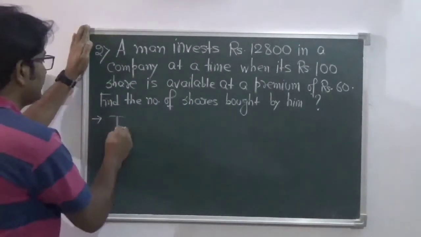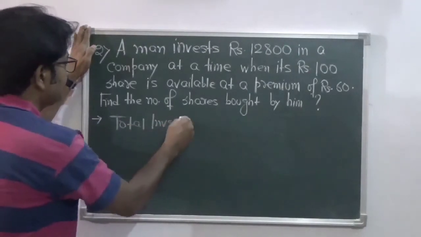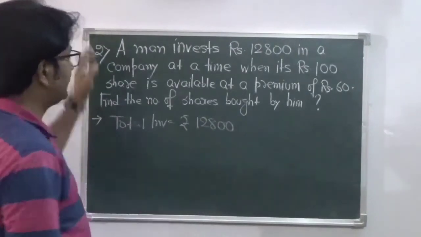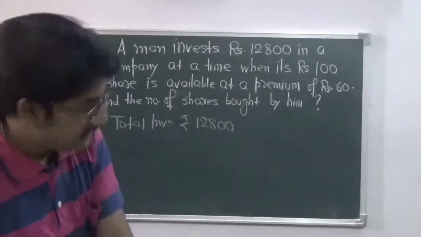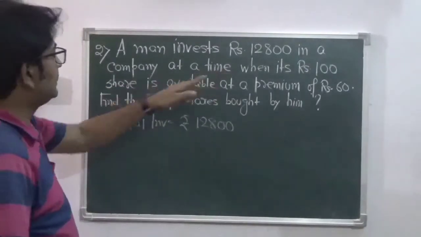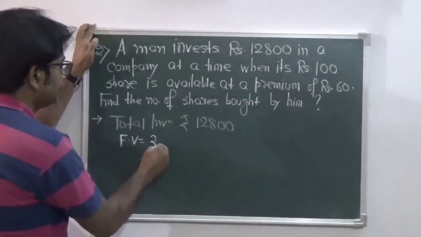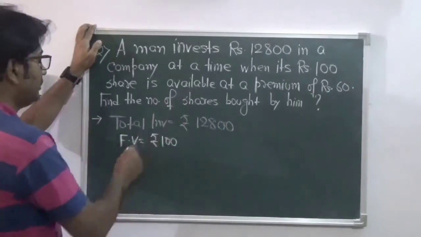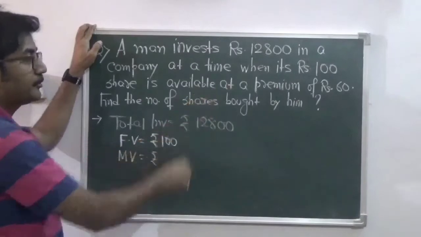So total investment is equal to rupees 12800. That is the market value of all the shares, right? Then we have: at a time when a rupees 100 share is available. So the face value of the share is rupees 100 and the market value of the share, it is available at a premium of rupees 60.